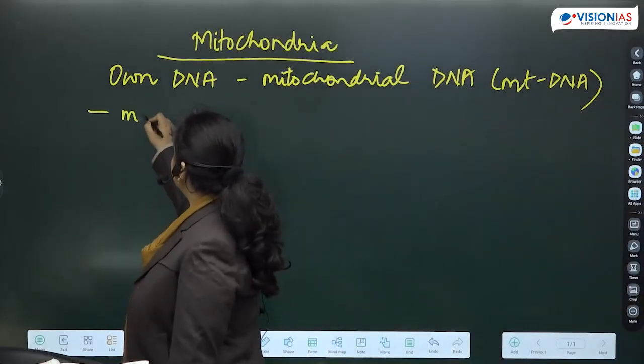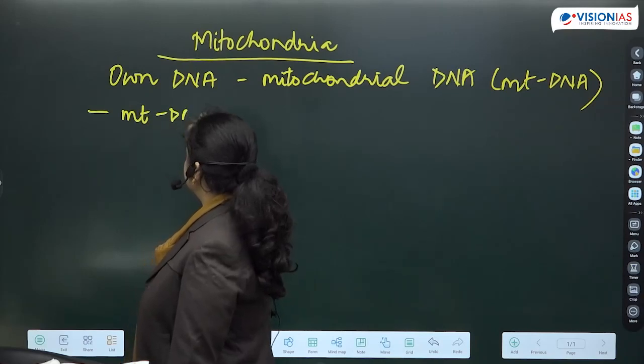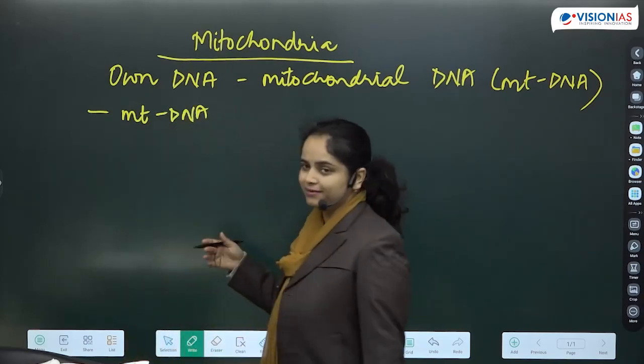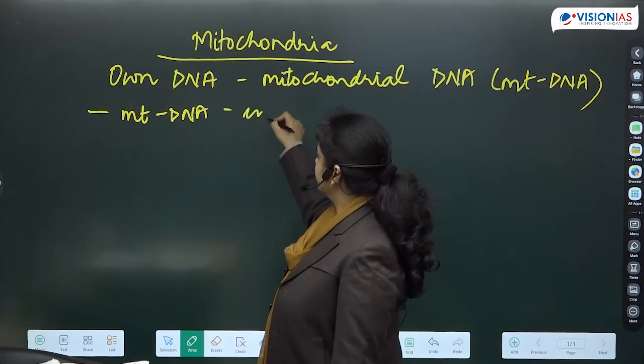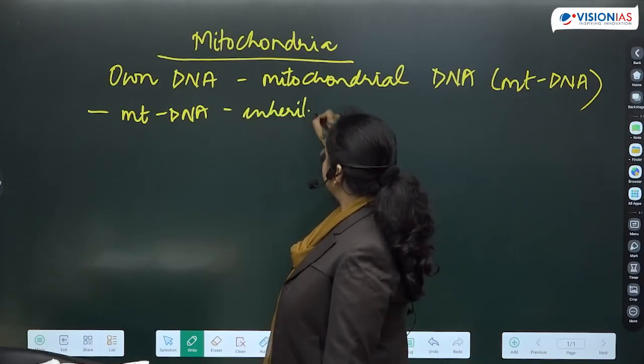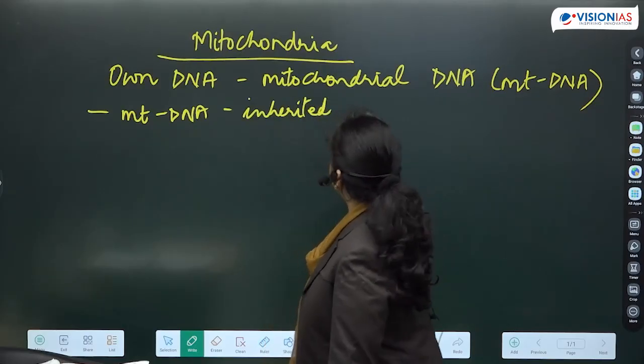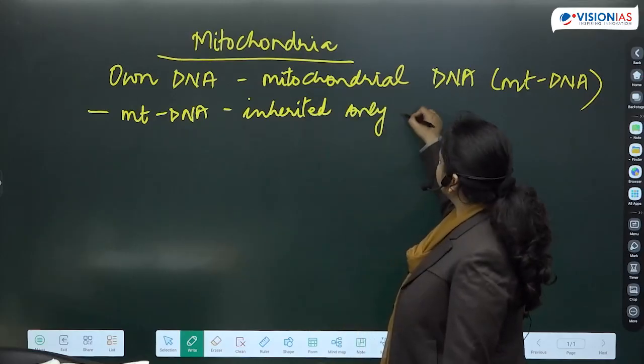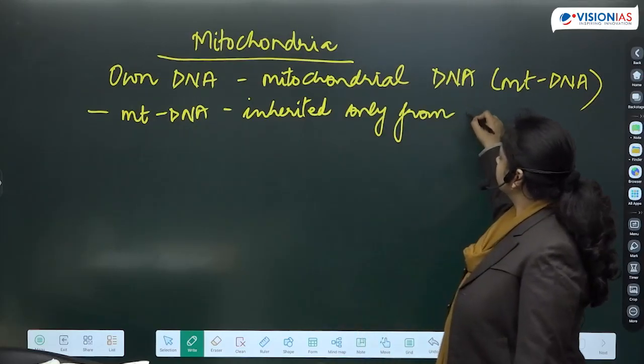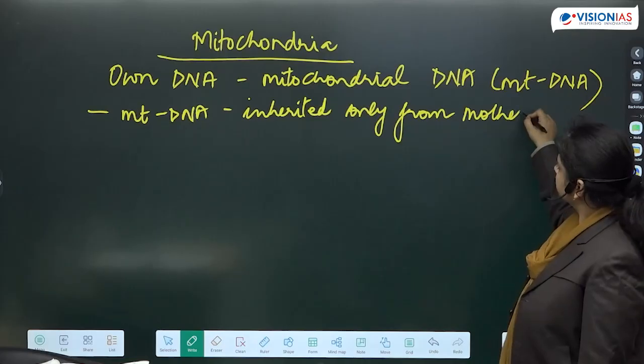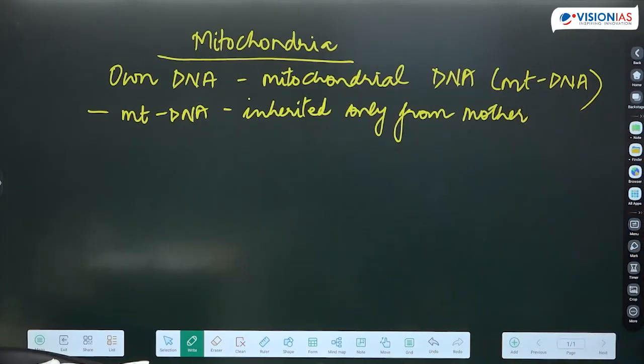All the mitochondria which a person has, that means all the mitochondrial DNA, is inherited only from mother. The father does not contribute to the mitochondria in your body or to the mitochondrial DNA.